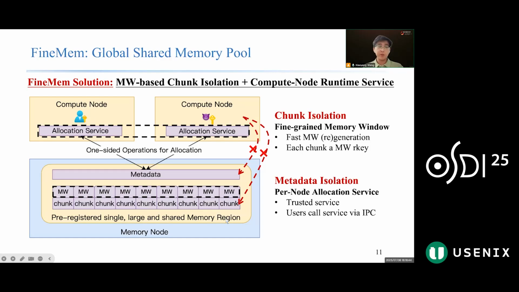This approach provides fine-grained isolation between users, as each user can only access the memory window for which it holds the corresponding keys. And second, the trusted allocation service handles remote memory allocation requests with per-core workers for users. They perform the one-sided allocation instead of users directly doing the memory allocation, to ensure that memory metadata is protected from DM users' direct access.